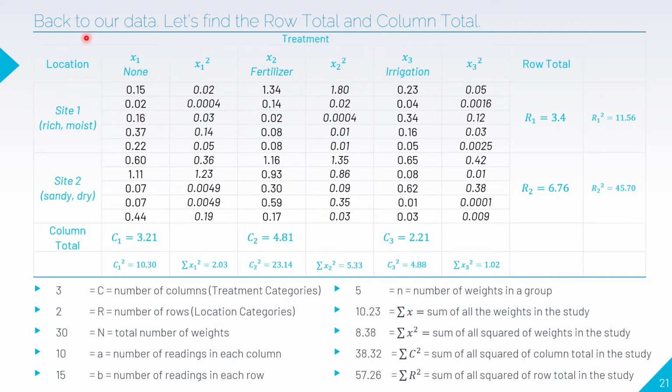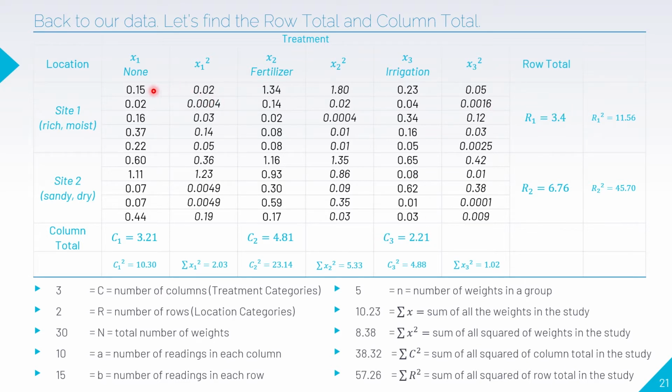So back to our data, let's find the row total and the column total. Same as we did earlier, let's just add this all, and we have our column total. Add this, and we have our column total. Add this all, and we have our column total.